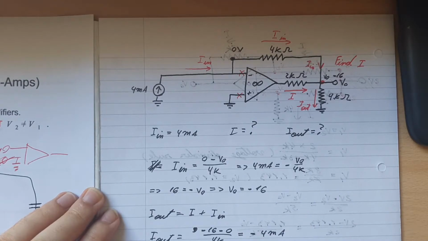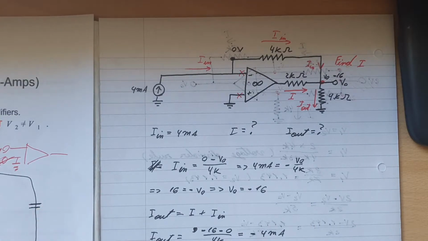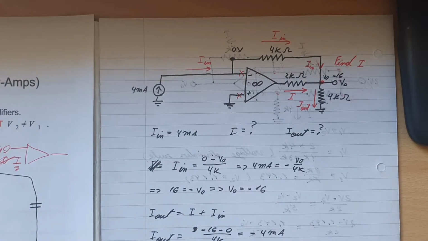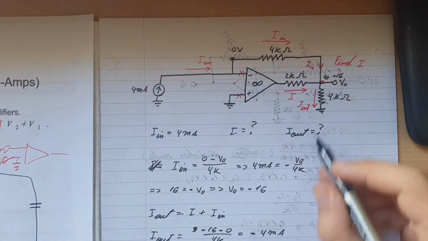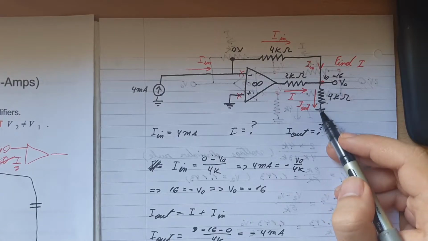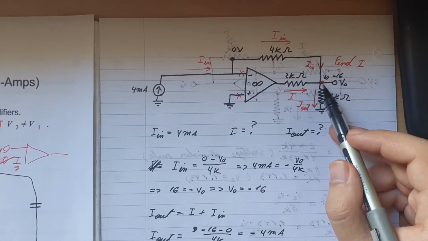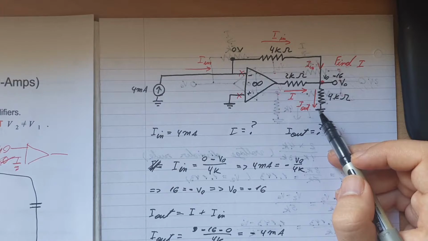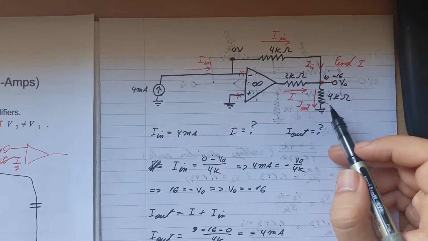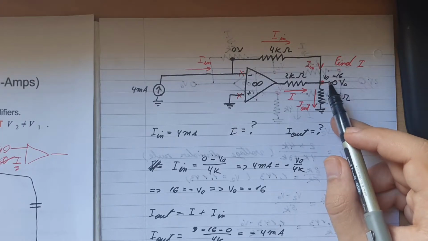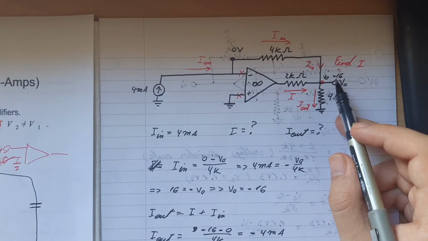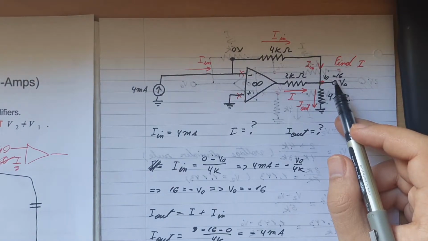So then minus 4 milliamps is equal with I plus, in bracket, I in, we know it's 4 milliamps. Okay, no, this is something that's wrong here. So the current is coming from this point to this point, which is V out, and this one is 0. It's kind of ironic because I said this is a simple one. Alright, so V out minus 0, but this one is minus 16, and that's the big problem here.